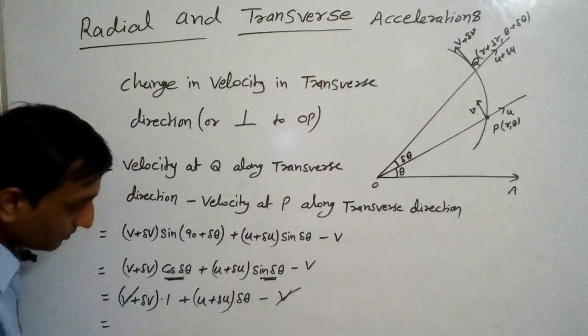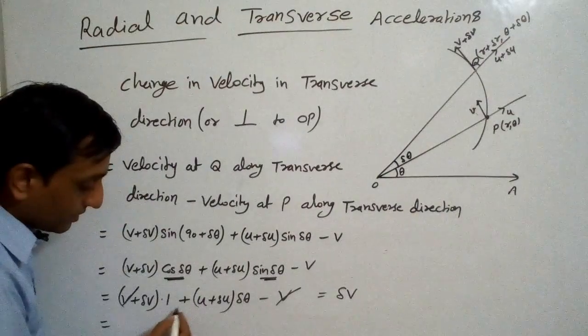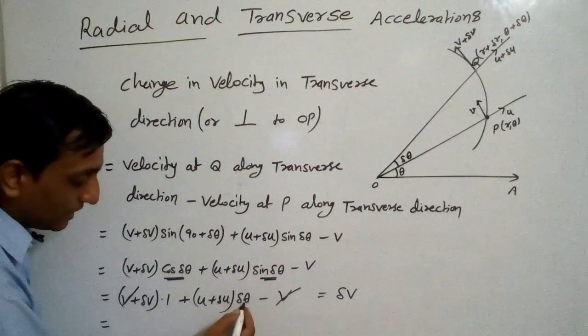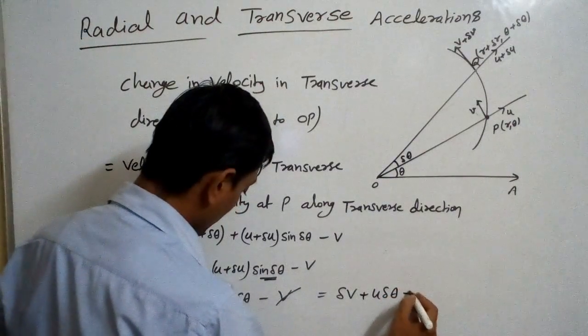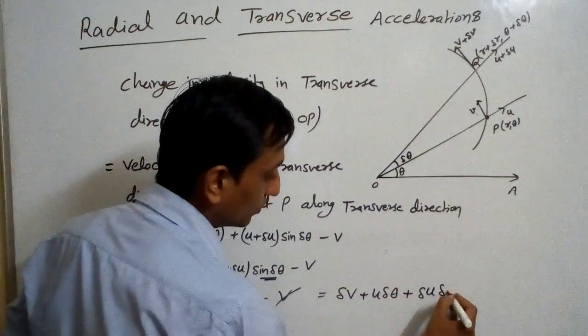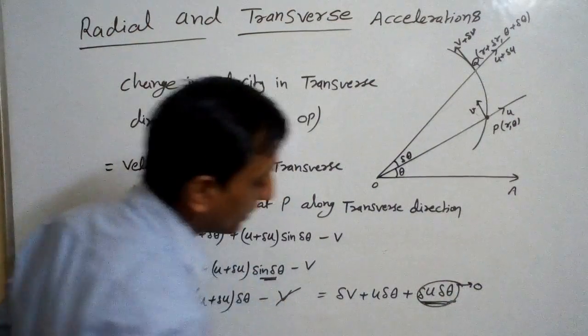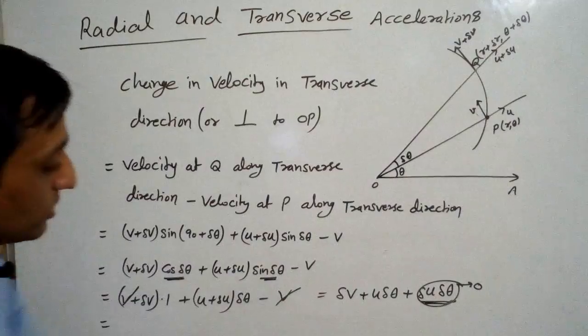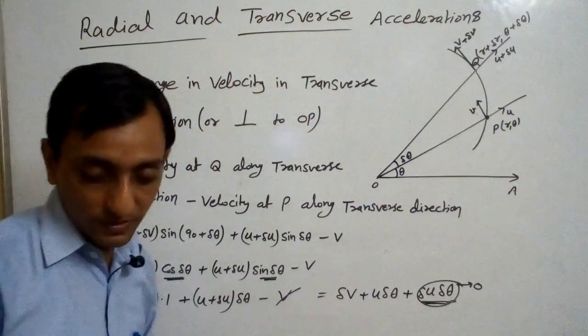There is only delta V and U delta theta, plus delta U delta theta, and this is very small, so we can set it to 0. So this is the change in velocity in delta t time, and now we calculate the transverse acceleration.